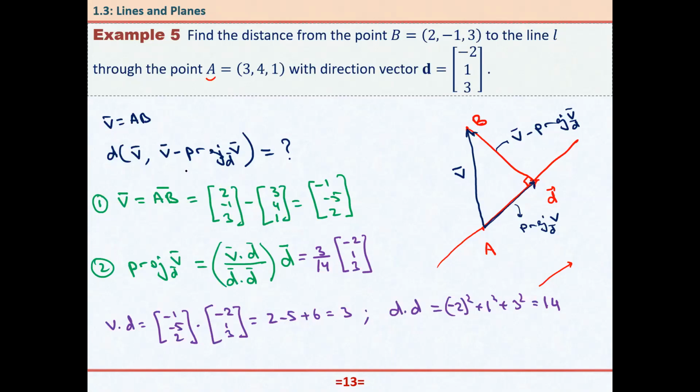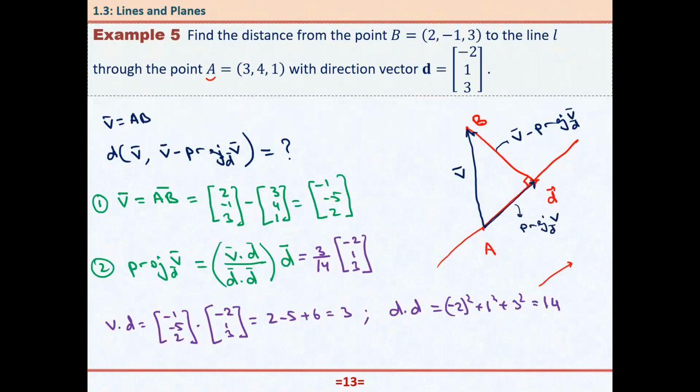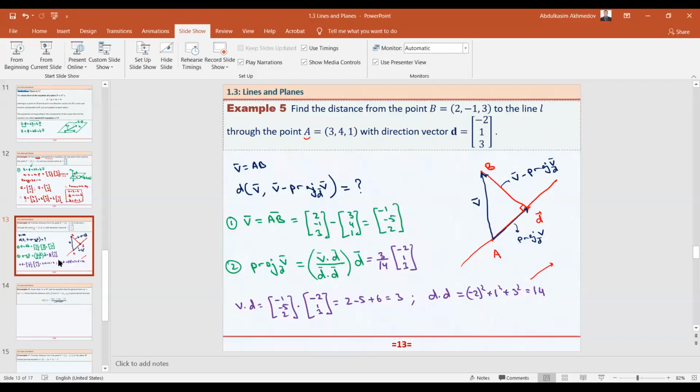So now I need to find V minus the projection of V onto D. Okay, I need more space.